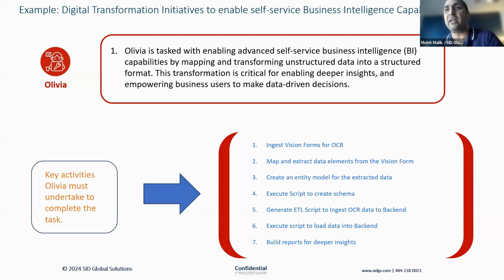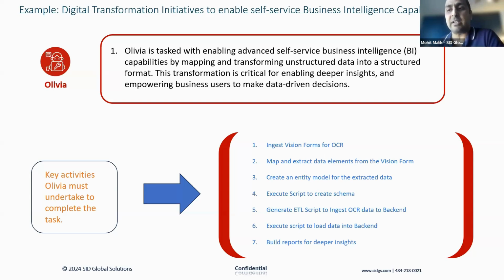She has to do the mapping and extract data elements, because in traditional OCR techniques, you have to map your data elements with their positions and coordinates. And then you create an entity model for the data that you have extracted from those documents. You need to create a data entity model so that it can be fed into your backend systems. Then the scripts to create those schemas, and ETL scripts to load the data.